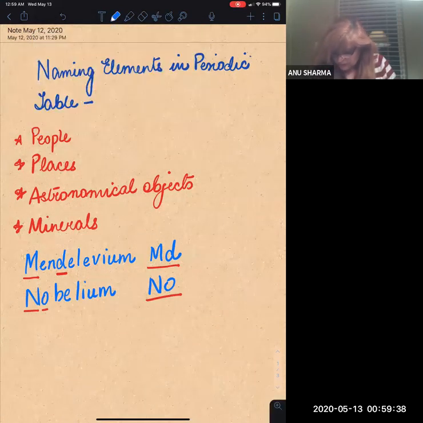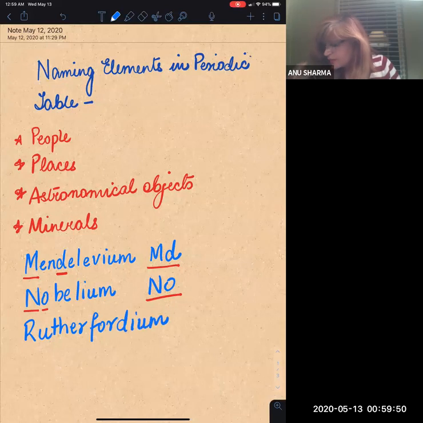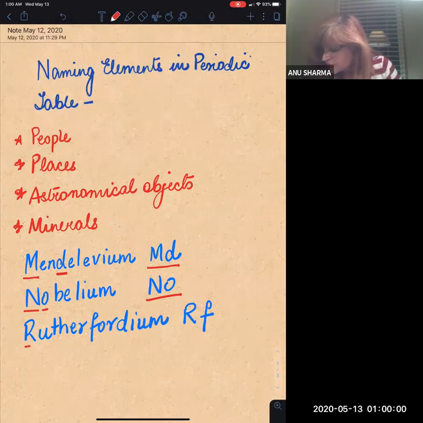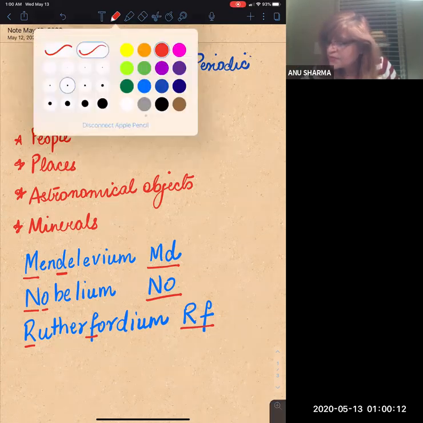Next, we have another name, Rutherfordium. The symbol here is R and F: the first letter, and then 1, 2, 3, 4, 5, the sixth letter. Again there's no rule, it's just the way the names sound to the ear that gives the symbol.